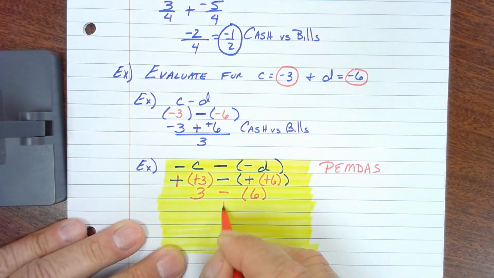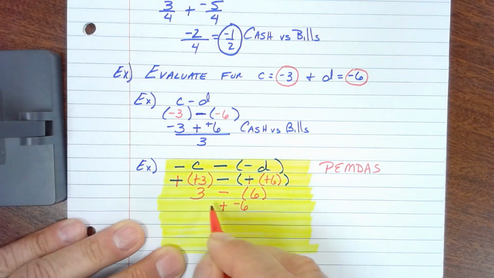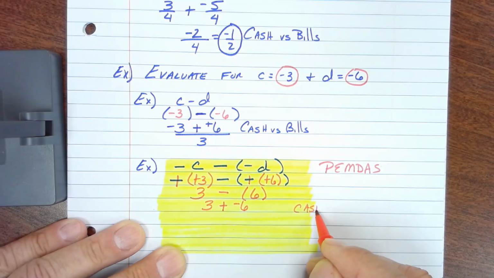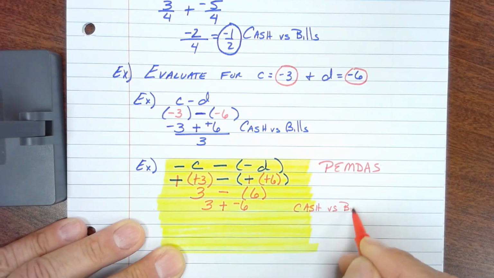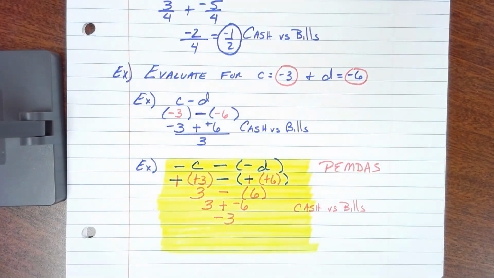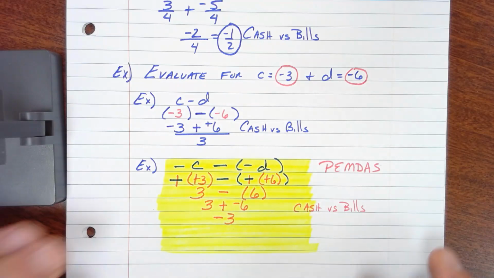I'm going to add and change the sign and ask you if you have more cash or more bills. Well, the answer is more bills. This is a negative 3. Does this make sense to you? Because the signs can easily mess you up. All right?